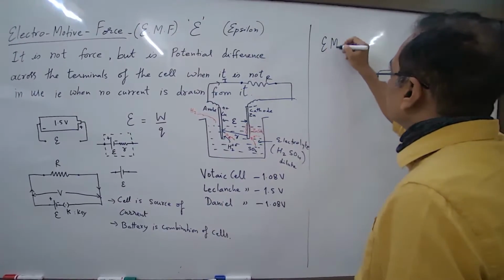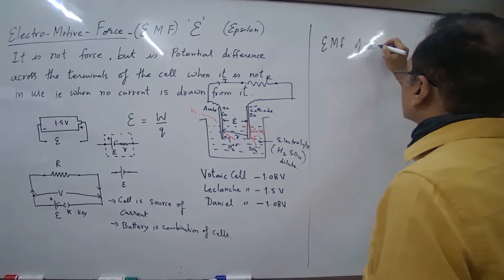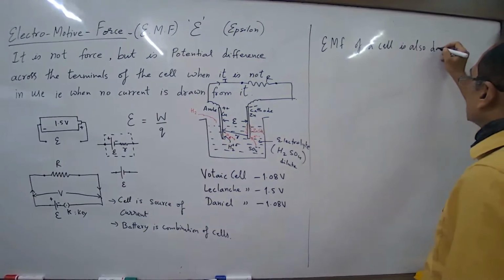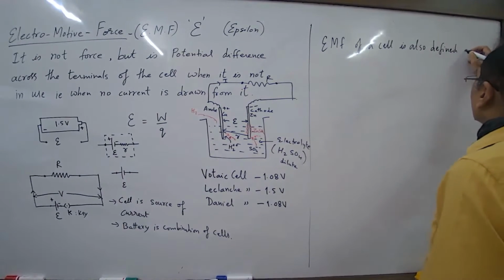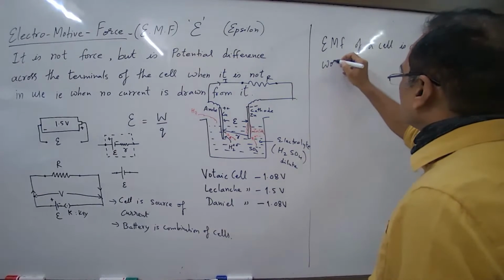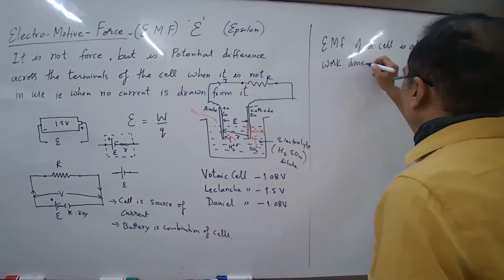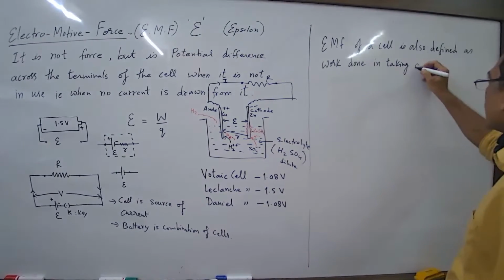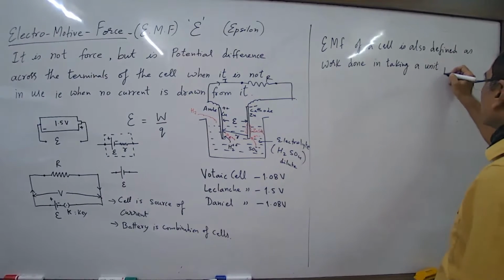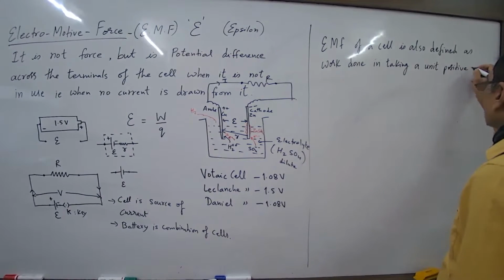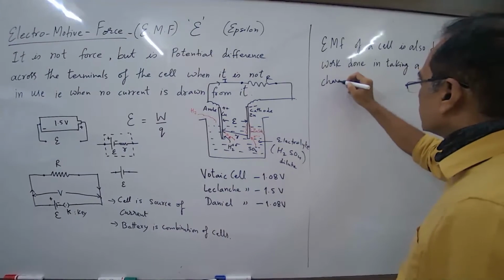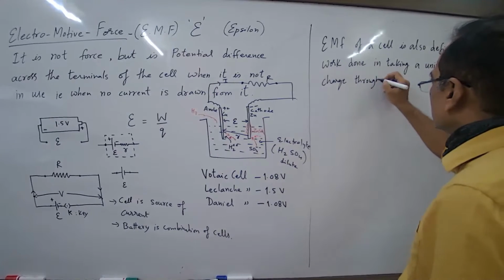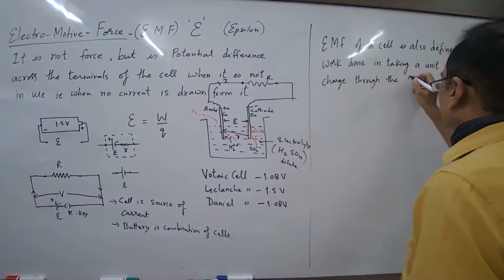The EMF of a cell is also defined as the work done in taking a unit positive charge through the full circuit.